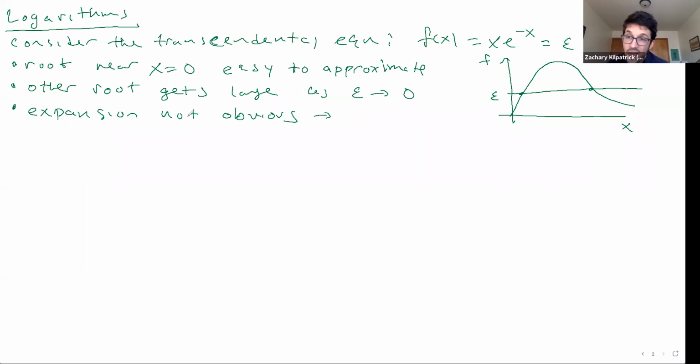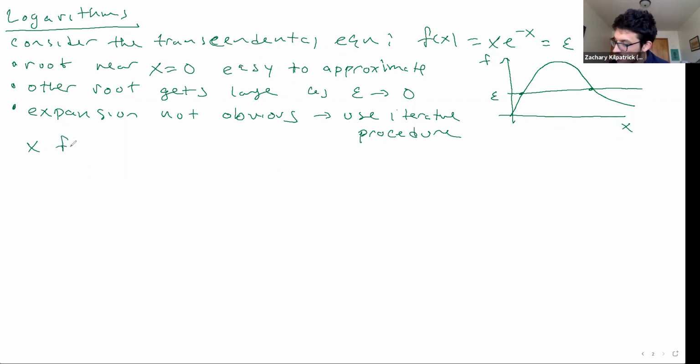So if the expansion to use is not obvious, what method should we use to derive the solution? What do you think? Iterative? Yeah, if I don't know what expansion to use, just try using the iterative procedure, because I don't have to know the expansion in order to start in on that method, okay?